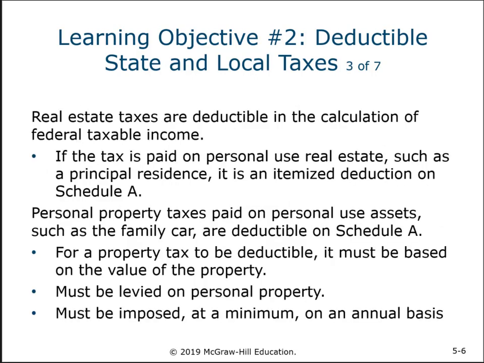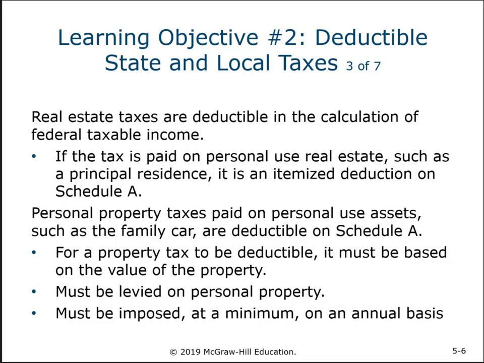So, a little bit more about the taxes that are deductible. Your real estate tax is going to be on as many properties as you own. Okay, so it's not limited, and we'll see that there's limits on a number of properties. I can own property in multiple states. I can own property all over the place and pay taxes.